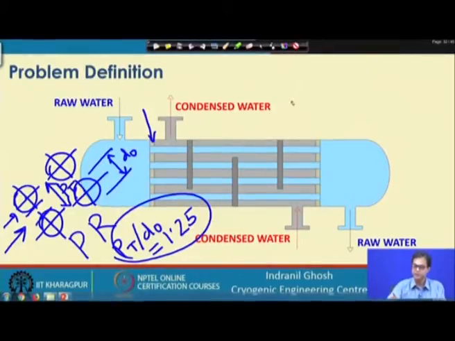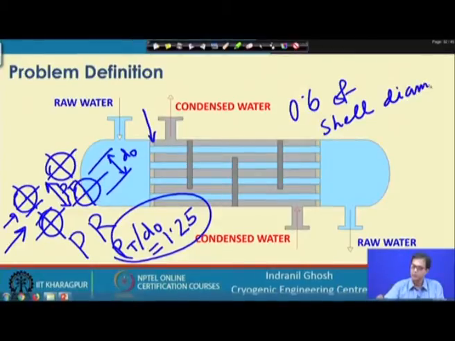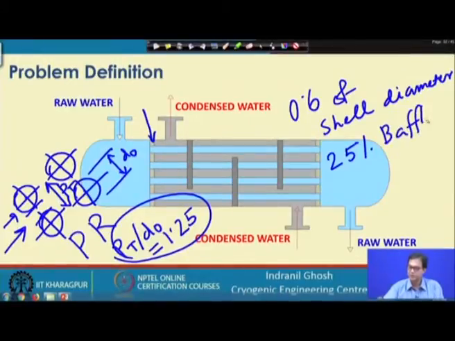The baffle spacing is 0.6 of the shell diameter. And the baffle cut is 25%. If we look into this total baffle, this part is 25% of the total.